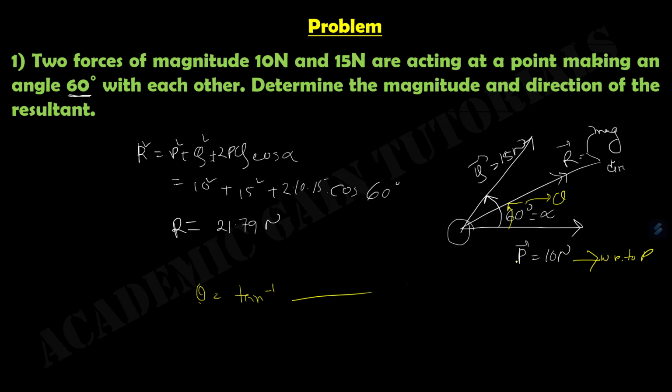If we want to find out with respect to P, then the Q will go in the numerator with sine alpha, and we will add P plus Q cos alpha in the denominator. This is the formula to find out the direction.